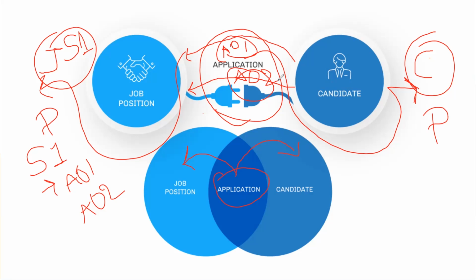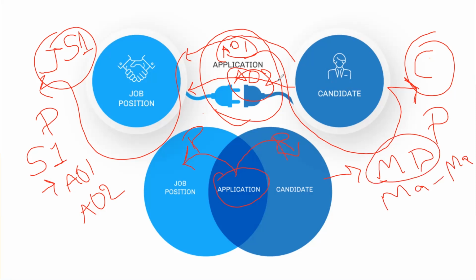This kind of master detail relationship, where there is not a single parent but two parents, is nothing but a many to many relationship. Okay, many to many.